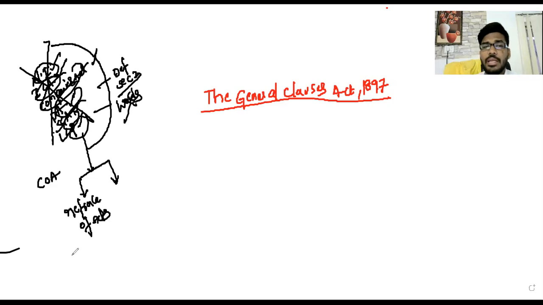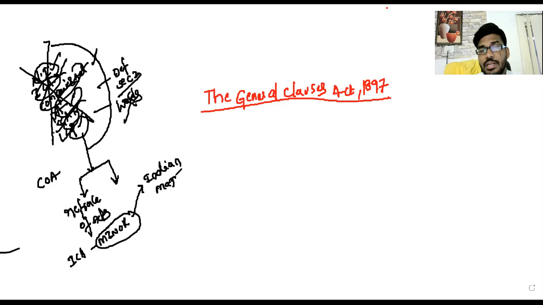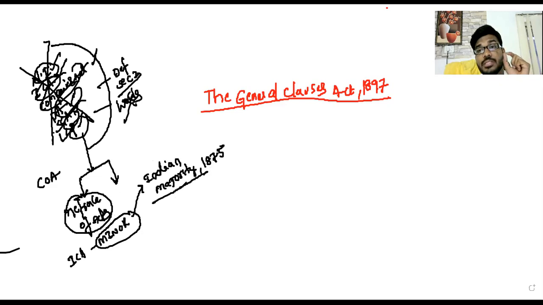Best example: in the Indian Contract Act, minor is not defined, but for the definition of minor, we should follow the Indian Majority Act, 1875. The reference is given under the Indian Contract Act. What is the reference? That is the Indian Majority Act, 1875.